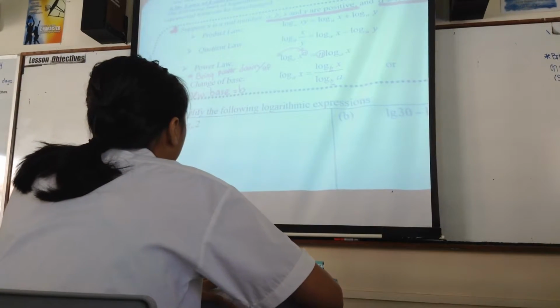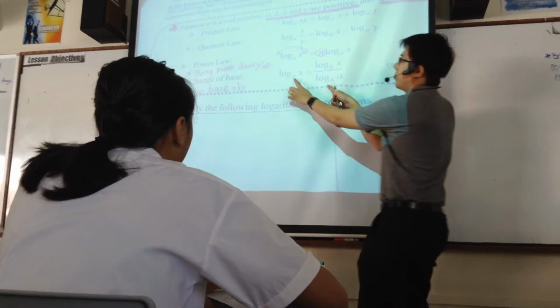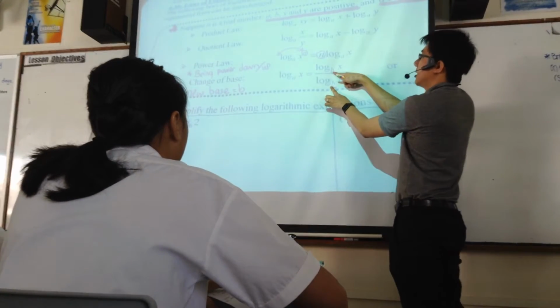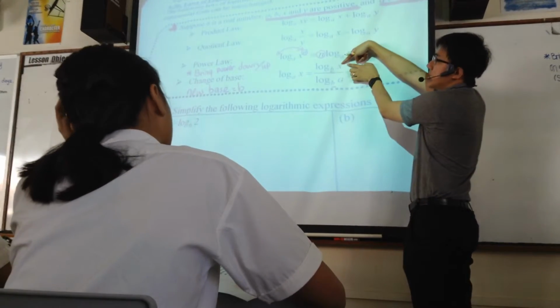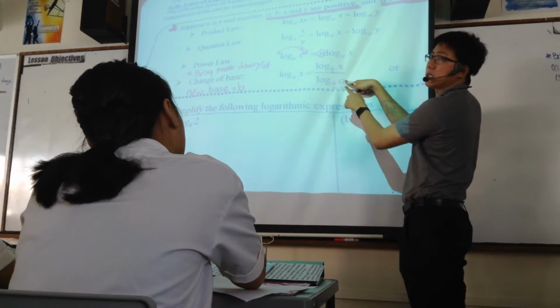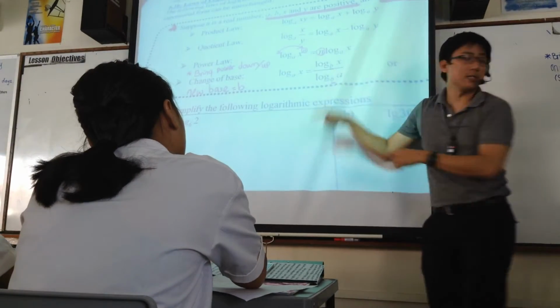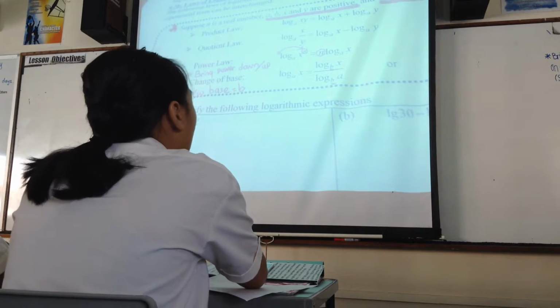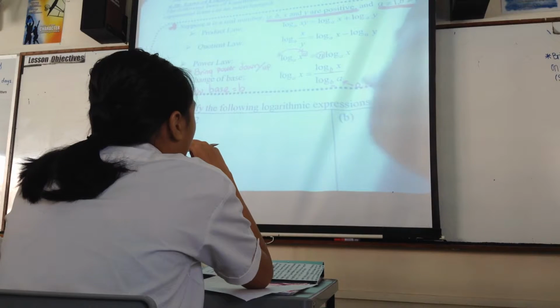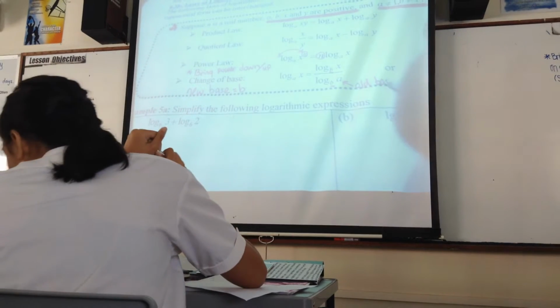Can you see that what I'm doing now is the old base A, I change to a new base, and then the numerator will be the number. The denominator is the old base. So this is the old base.